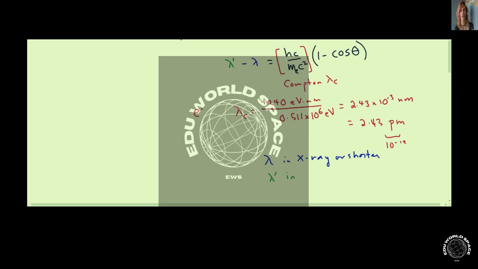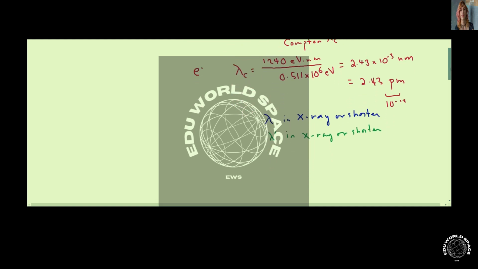Lambda prime will be in the X-ray or shorter. Okay, so that has consequences for what type of source you would need. Either a gamma ray source or an X-ray tube.